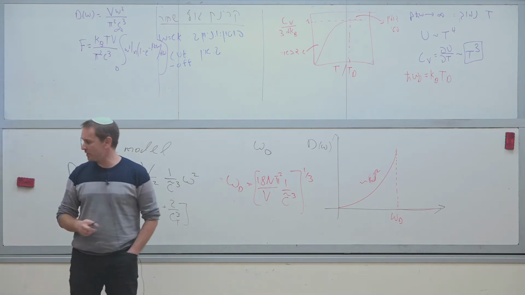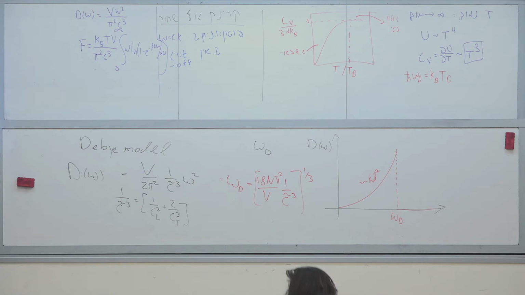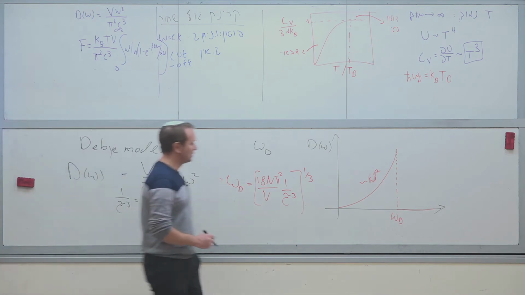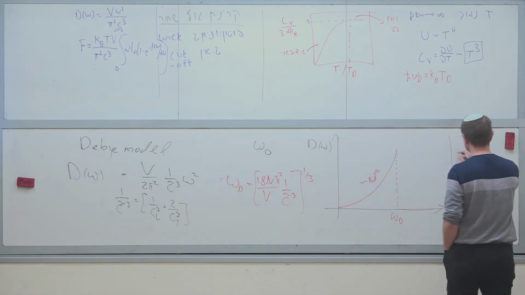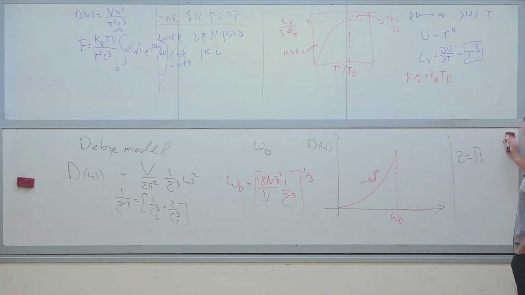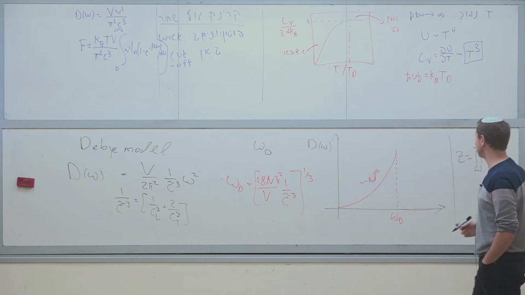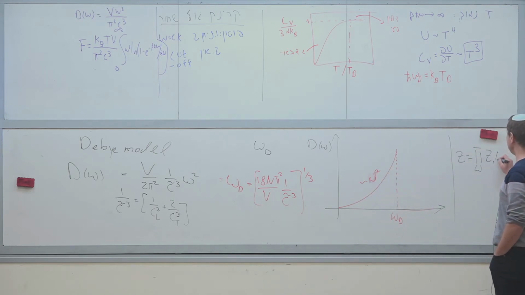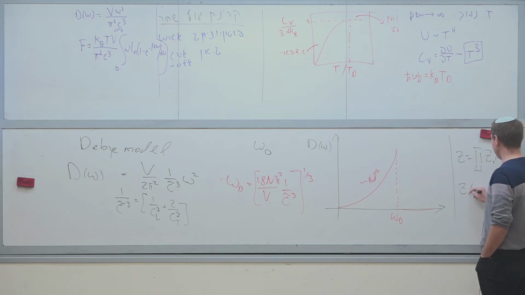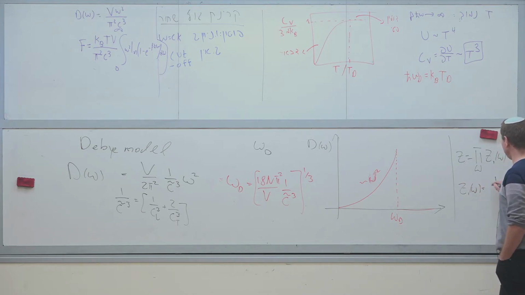Oh, and something else that we have calculated is that Z is a multiplication over all the possible modes, over possible phonons that we have in our system, Z1 of omega, where Z1 of omega is 1 over 1 minus e to the minus beta h bar omega.